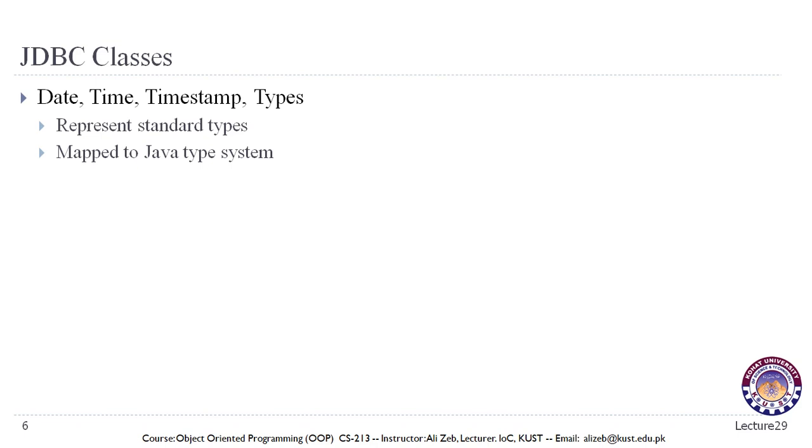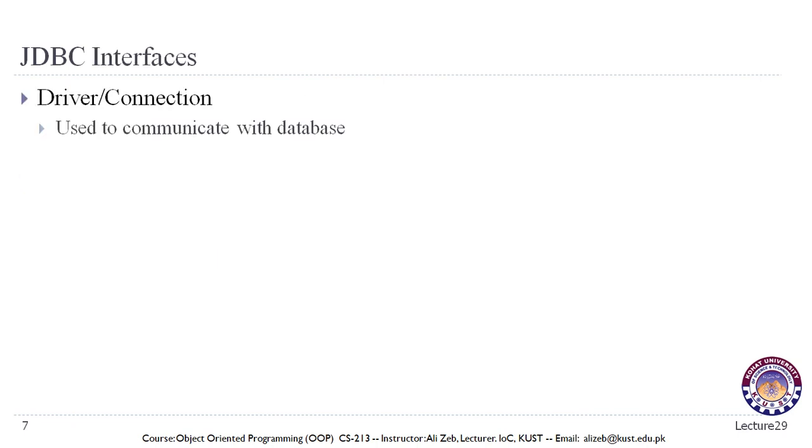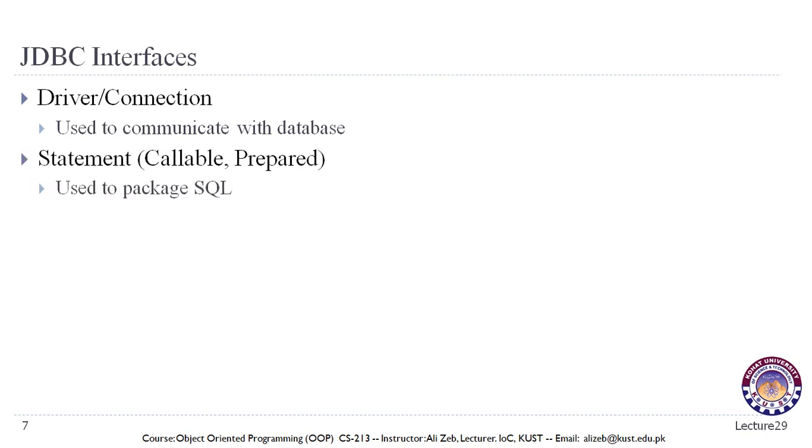It has some classes like date, time stamp, etc., and Driver Manager that we'll look into, and then it has interfaces that we'll need to be able to establish a connection to our database. Like the Connection interface, it is used to communicate with the database.